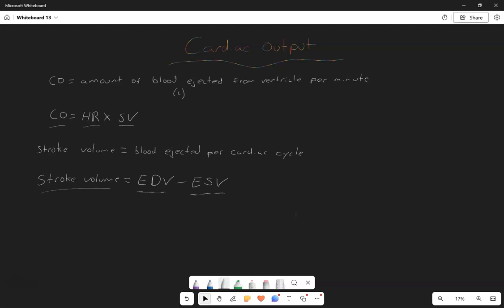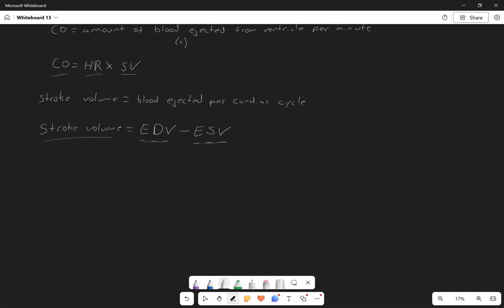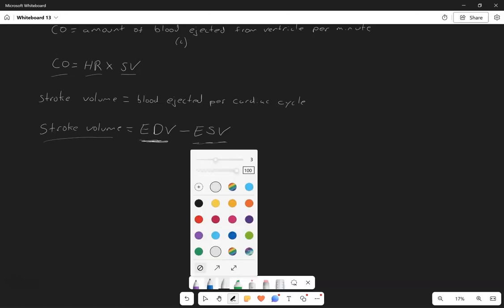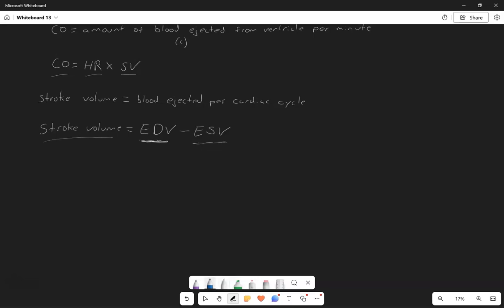So that leads us to something else, okay? So our end diastolic volume is essentially controlled by how much blood is actually returning to the heart, which we call venous return, okay? So remember that we have an atrium, okay?